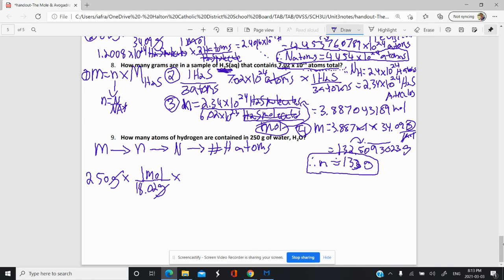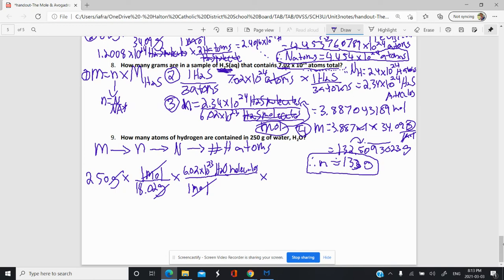So now we're going to try to get to number of particles by doing 1 mole and then 6.02 times 10 to the power of 23 H2O molecules. And so mole and mole cancel out.